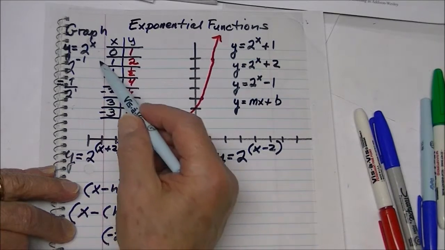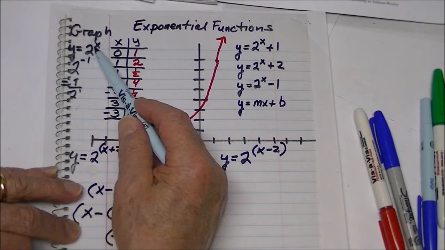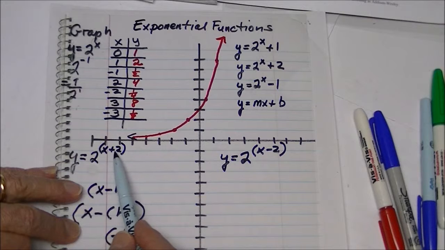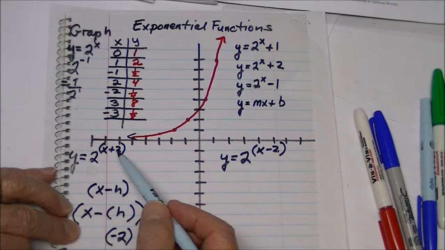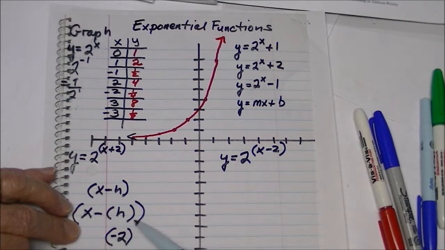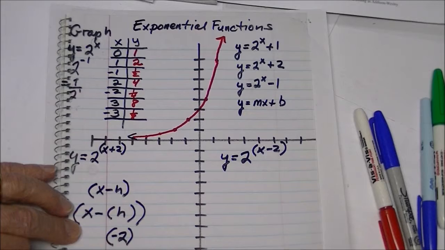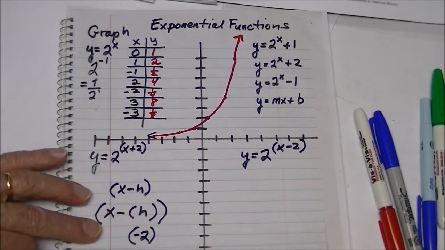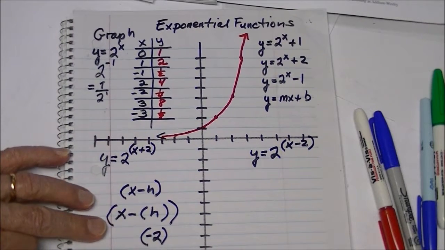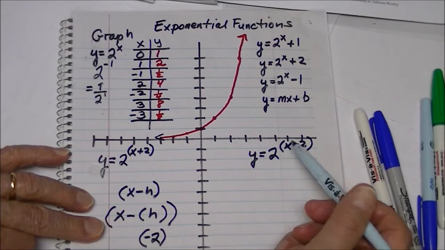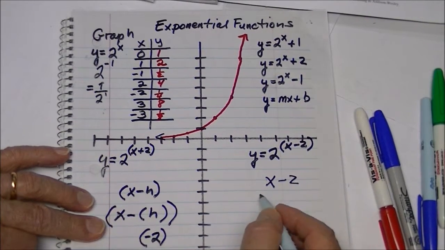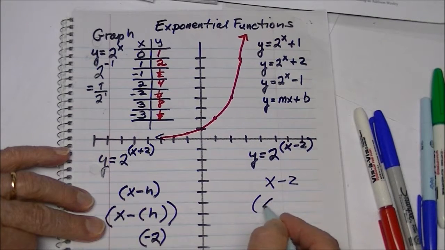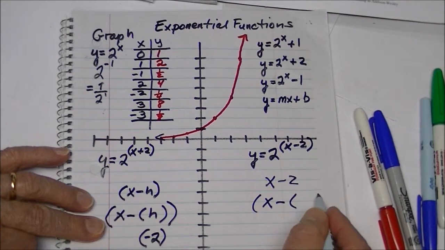What happened? Well, we had our standard graph, but we're now moving it over 2 units to the left because our h value is now a negative 2. All right, let's put it back in where it was, over 2, right back there. Now, for this one, when we have x minus 2, what will our h value be?